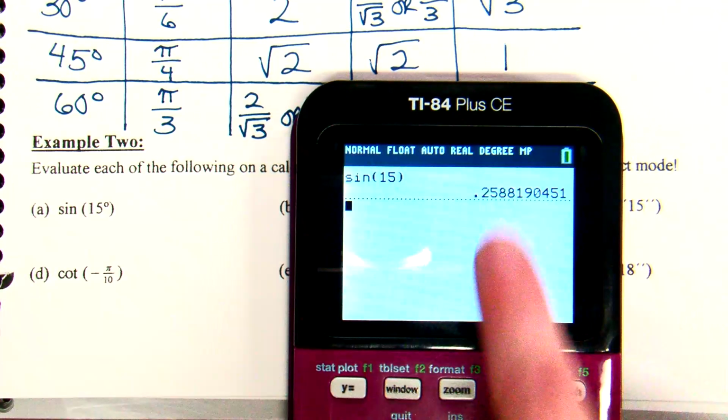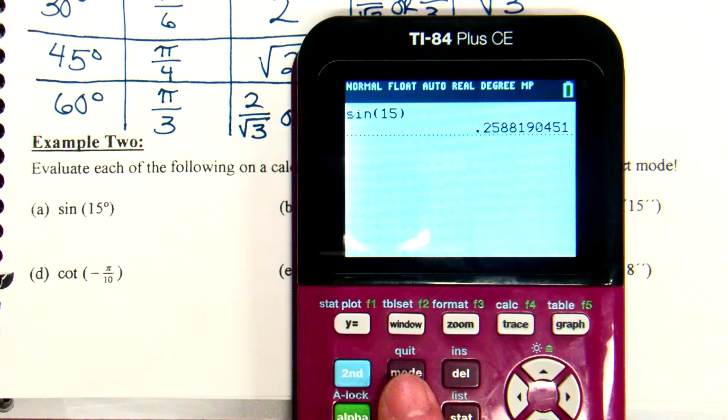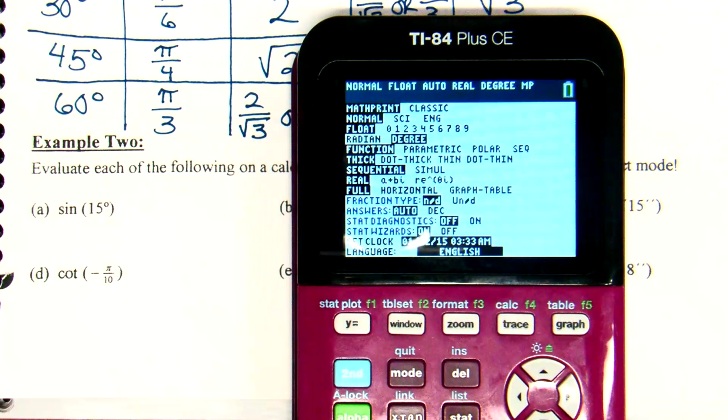So second row of the top, towards the top of the calc there, do you see mode? It brings up a page that looks like this. On mine, it's the fourth thing down is radian and degree. I'm in degree because my degree is highlighted. If you're in radian, your radian's highlighted. Can you switch it over, just arrow over to degree and hit enter?